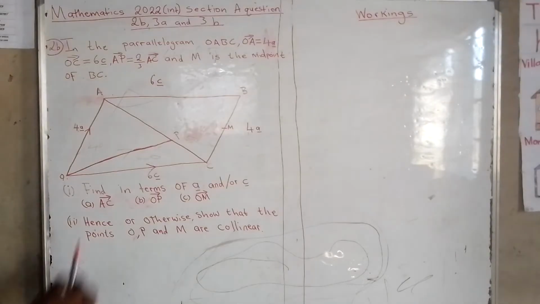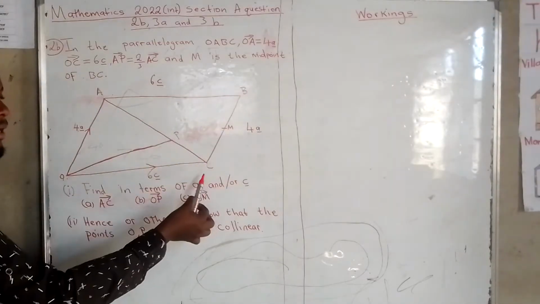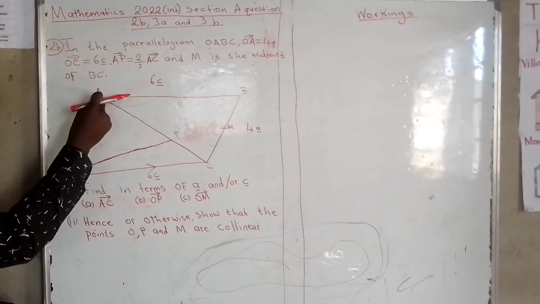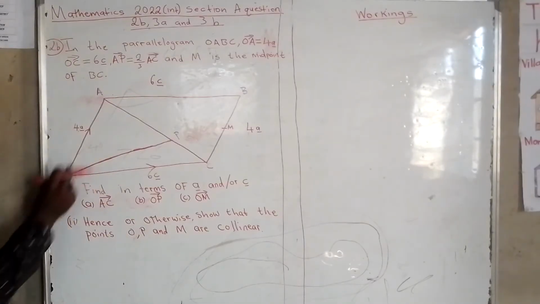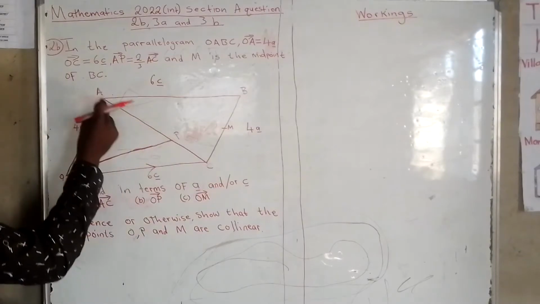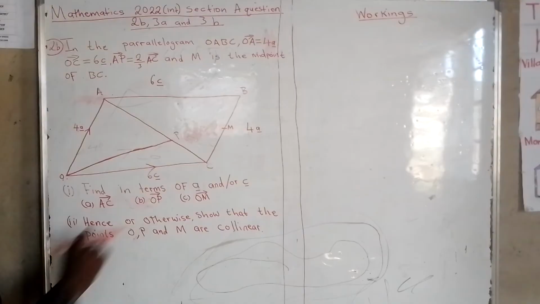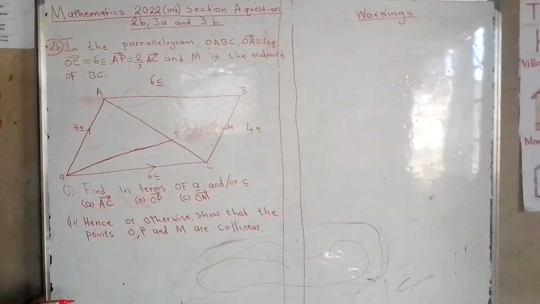If you want, you can say AB plus BC. But the simplest way to do this, if you want to move from A going to C, you say AO plus OC, which means we have arrived at C, coming from A.